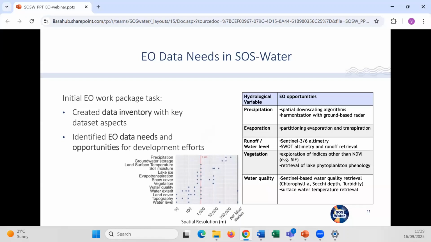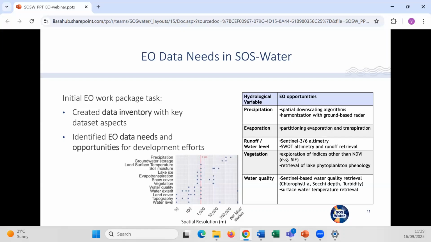And then before I hand over to Timon, just a way to show you how we use this aspect of resolution in the SOS-Water Project. Our main focus in the project is to improve EO data sets and also facilitate the use of EO data for our partners in the project.